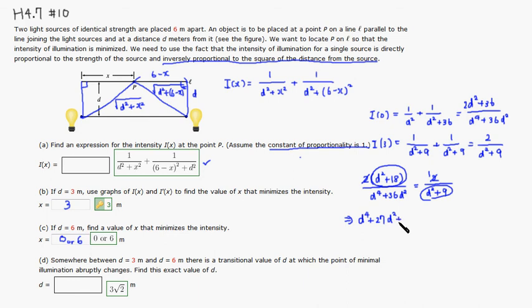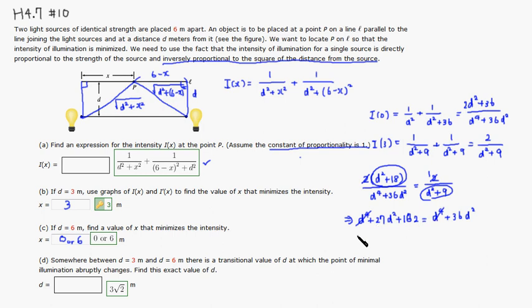And 9 times 18, so let's see, 9 times 8 is 72, 1 times 9 is 9, so 162, is equal to 1 times that, which is just d to the 4th plus 36 d squared. And there's a d to the 4th on both sides, so you can cancel those out.